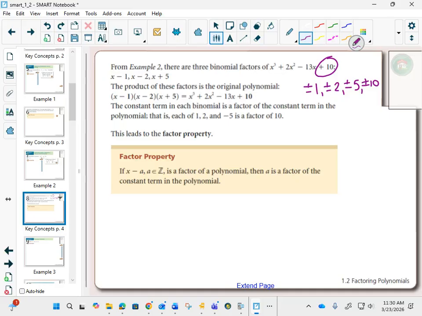And this is called the factor property. That if something is going to be a factor, then the factor itself, look at the factors that end up here, the numbers that are included in those last numbers have to be a factor of 10. And this will lead us to a strategy for factoring completely.